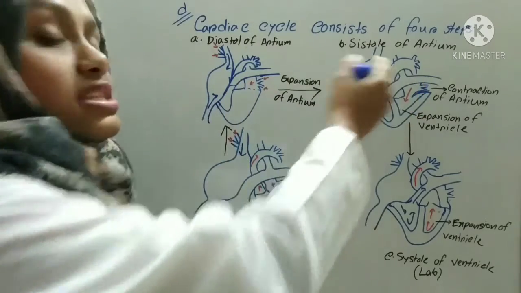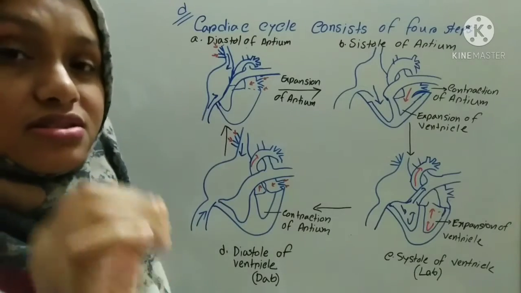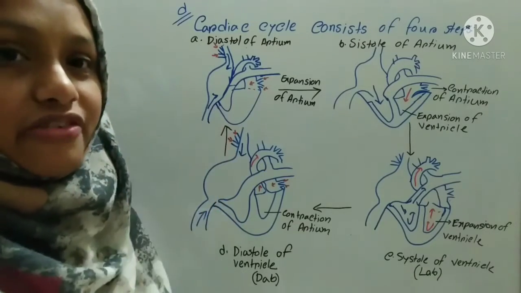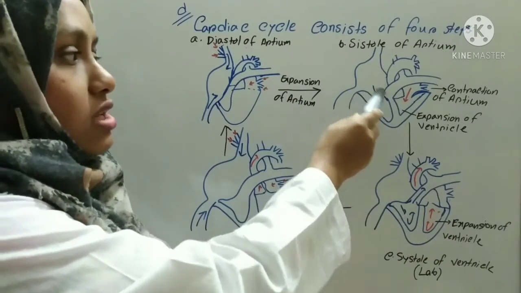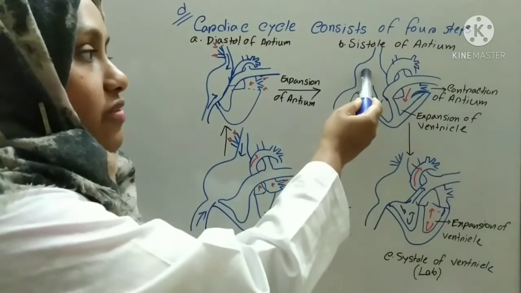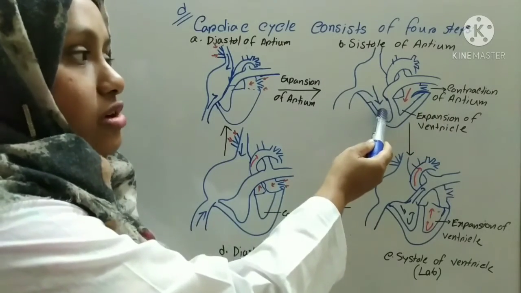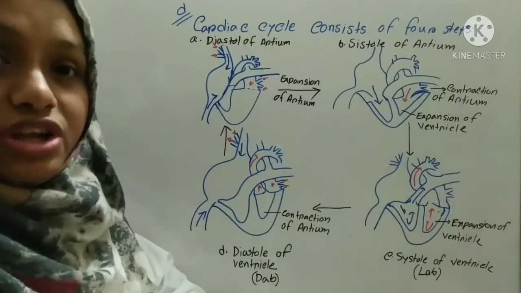Now the systole of atrium. I said systole means contraction, that means blood release. Here you can see from the atrium the blood enters into the ventricle. Also from the right atrium into the right ventricle, and from the left atrium into the left ventricle.